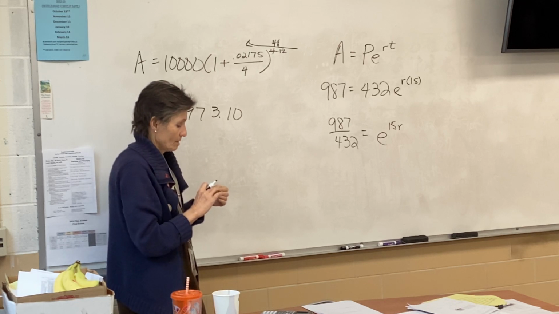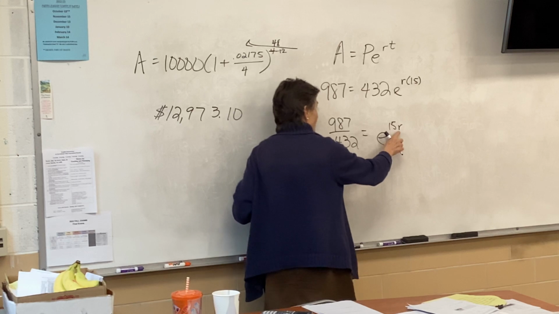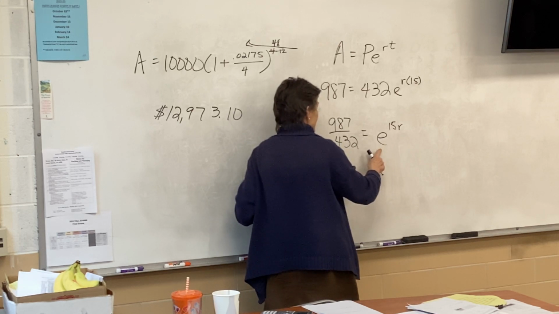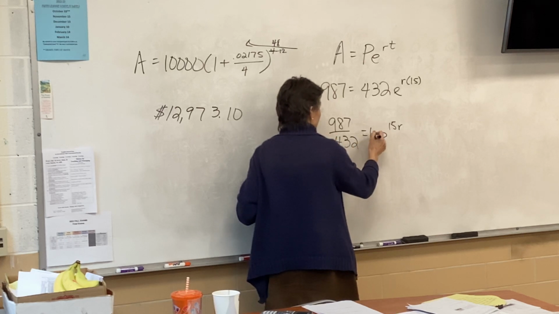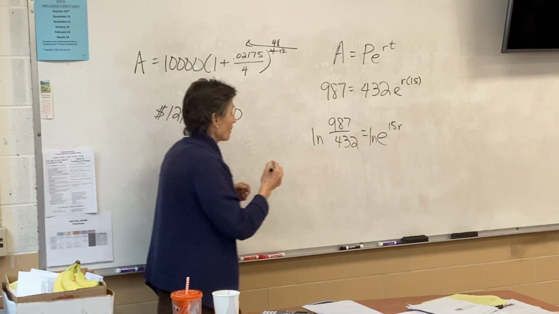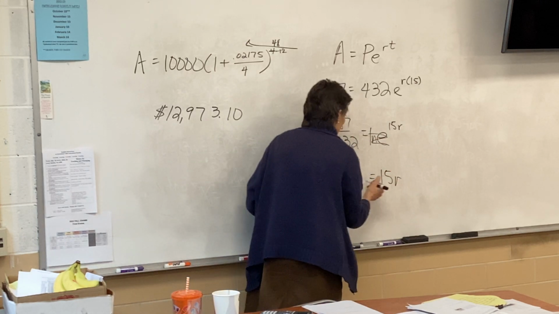Take ln of both sides. You said that I was going to need logarithms because my variable is the exponent. Since the problem has an E, I will use ln. That will cancel these out and leave me with 15R.